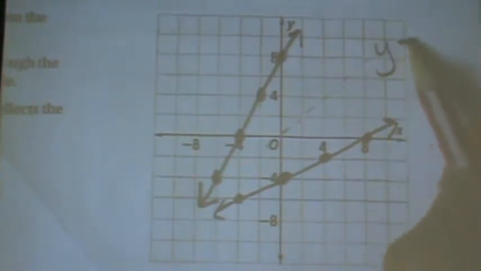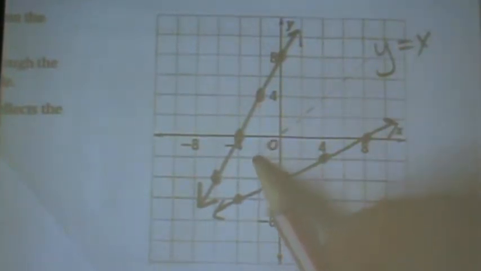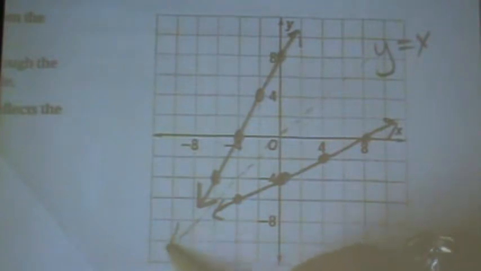Now remember that little symmetry thing I told you? If they are inverses of each other, you should be able to look at the line y equals x, which is this line. If you were to fold your graph over that line, would they line up? What do you think? I didn't fold it very well, but does this side line up with that?